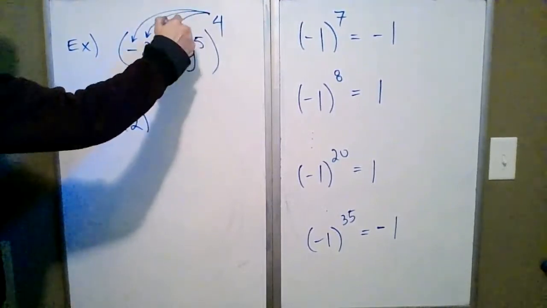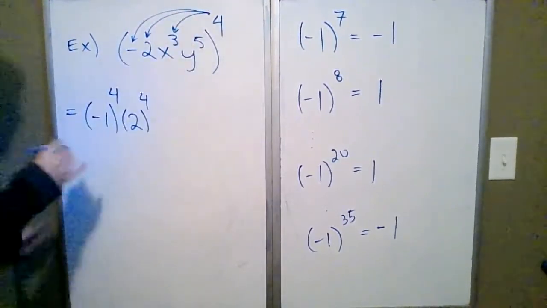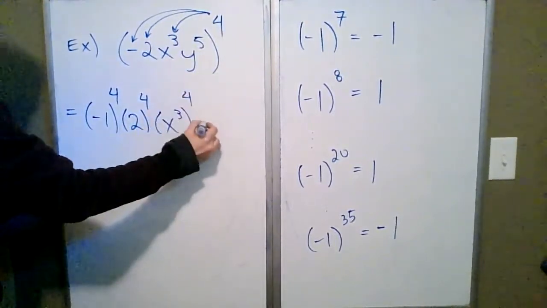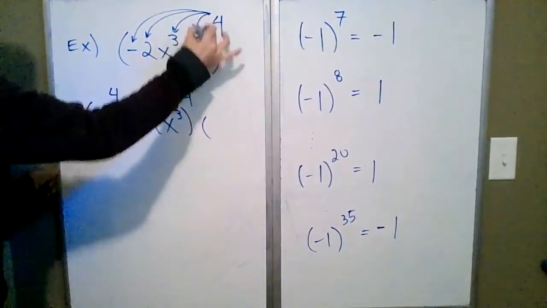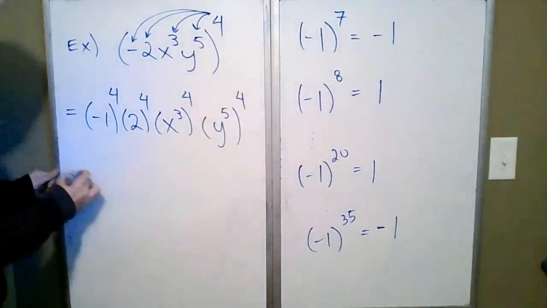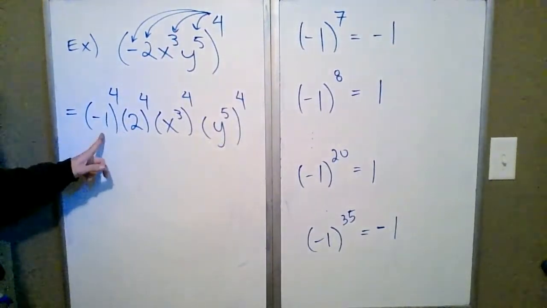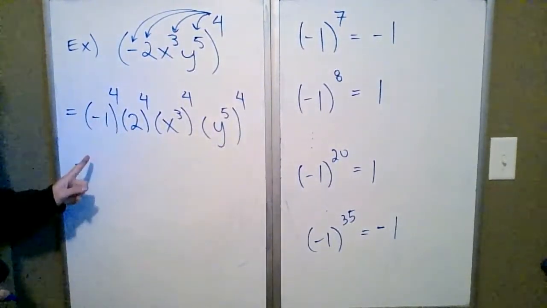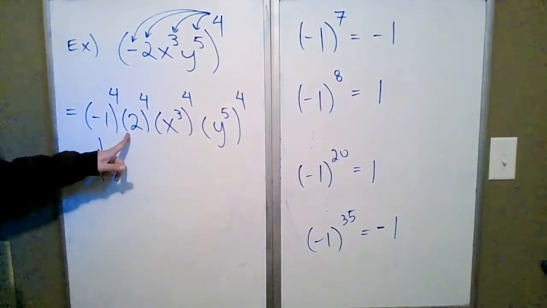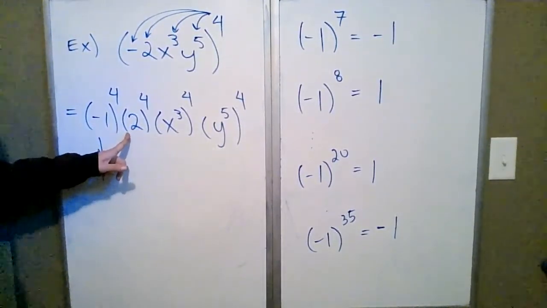Here, x to the 3rd to the 4th, and y to the 5th to the 4th. You have negative 1 with an even power, so it's positive 1. 2 to the 4th, it is 16.